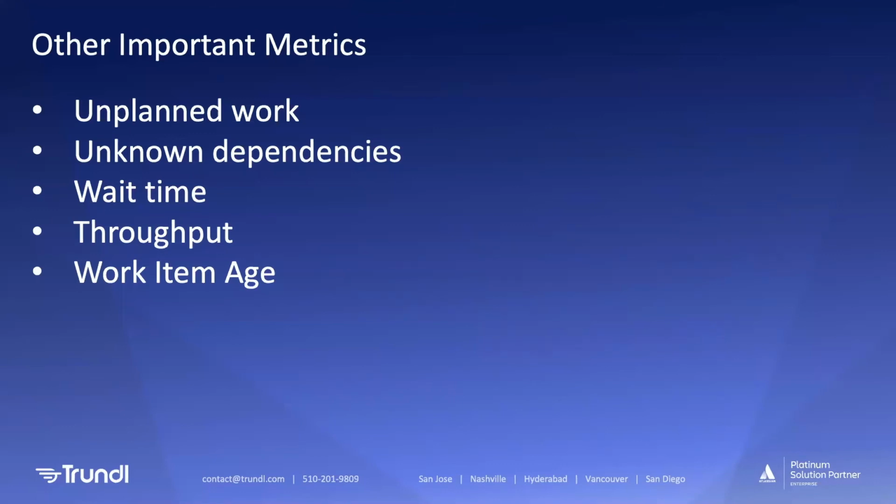How much time you are waiting on things is super important when you don't finish features based on a planned release time, because you can identify that a lot of your work was unplanned or you were waiting on things. Throughput is the number of items that we can complete through our workflow over a period of time. And work item age is the average age of our work items on our board, in work in progress.